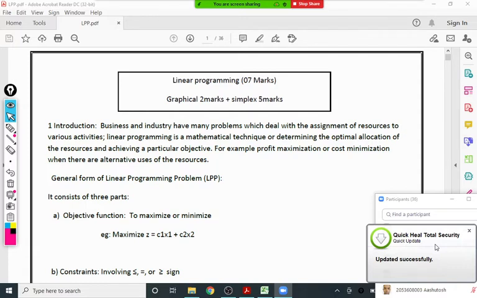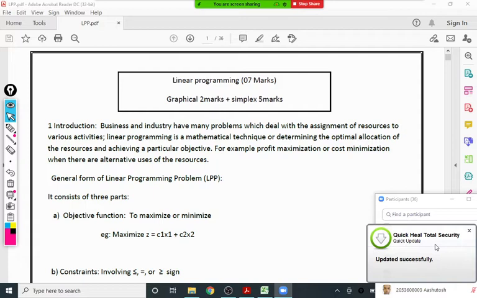Whenever we have to maximize the profit, that profit generally depends on some selling items, some particular thing. Those articles are considered decision variables because the selling of those articles mainly decides the profit.